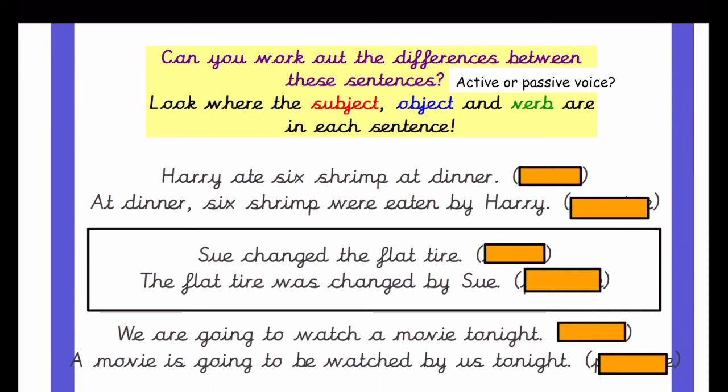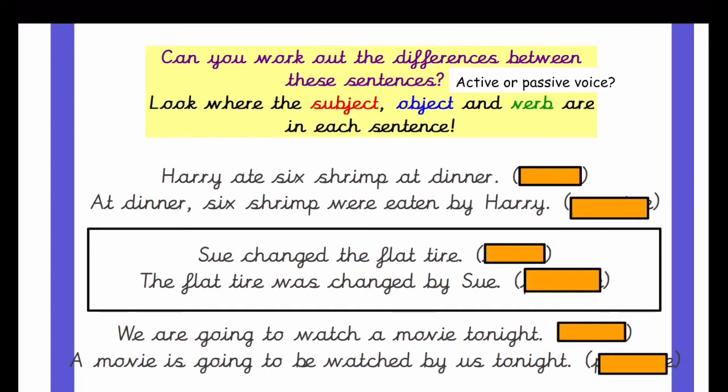Okay, if you're feeling confident about the active and passive voice, have a look at the following sentences and decide which one is in the active voice and which one's in the passive voice. Harry ate 6 shrimp at dinner. At dinner, 6 shrimp were eaten by Harry. Is the first one active or passive?